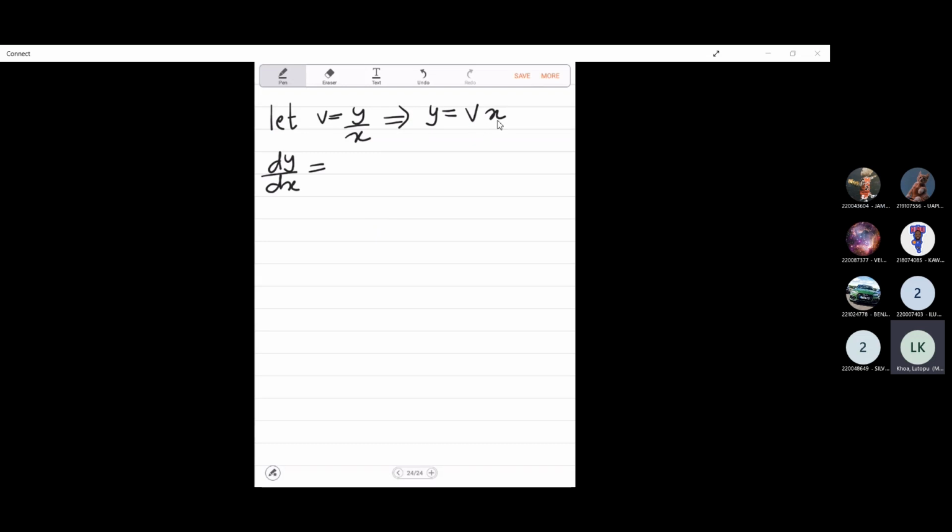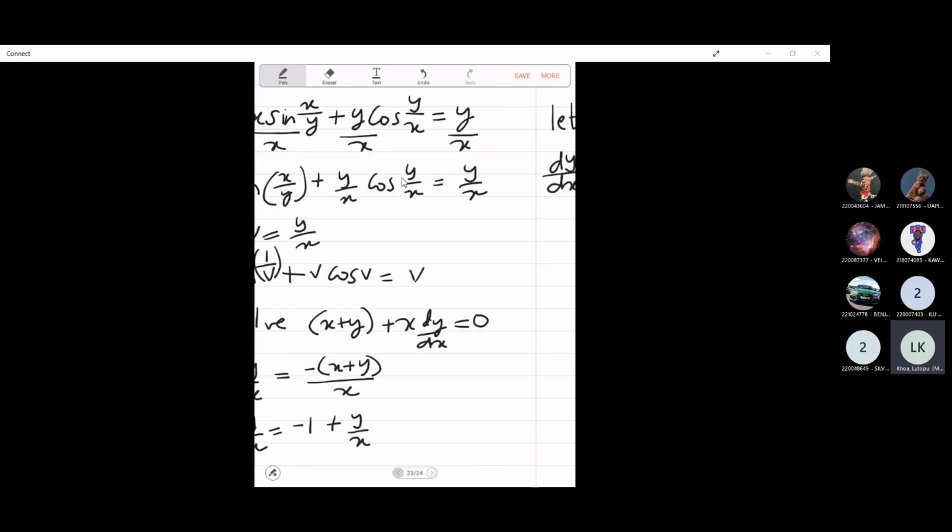If y is equal to vx, I have to use the product rule here in order to work out dy/dx. So I will get dv/dx multiplied by x, the derivative of the first one multiplied by the second one as it is, and then the derivative of the second one multiplied by the first one as it is. So this is what dy/dx is equal to.